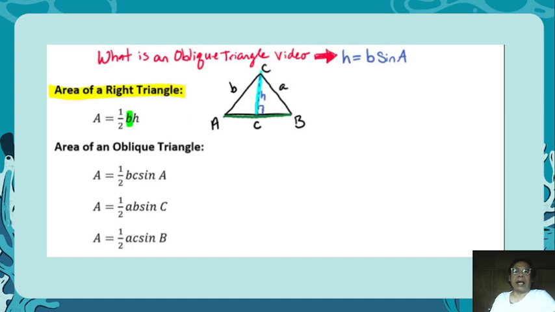So the area of an oblique triangle using the sine rule is, first, 1/2 bc sine of the included angle A; area equals 1/2 times sides ab times sine of the included angle C; and area equals 1/2 the product of side a and side c multiplied by the sine of the included angle, which is B.